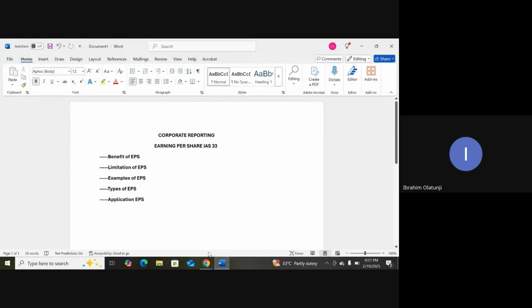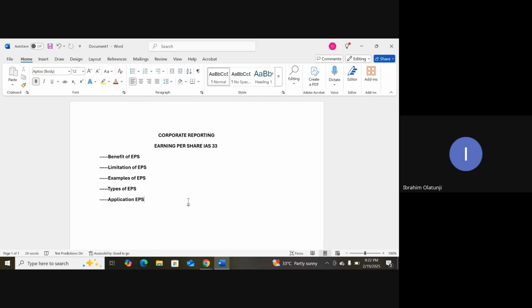So another thing that we can now think of is the types of earning per share. Number one, we have what is called basic earning per share, basic EPS. And also we have what is called diluted earning per share, diluted EPS.